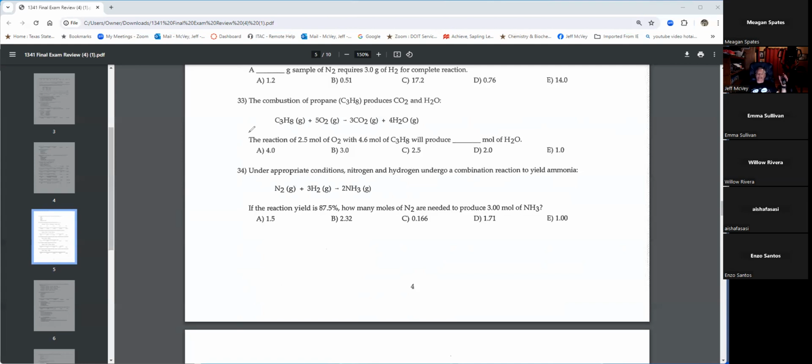And if you score higher on the final than one of your regular exam grades, it will replace that regular exam grade. So potentially the final could be worth 30% of your course average. That's why it's so powerful.